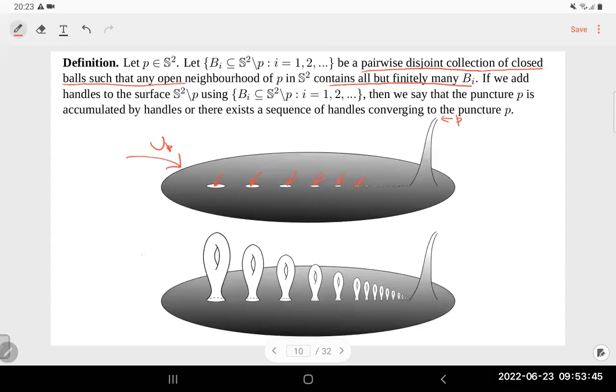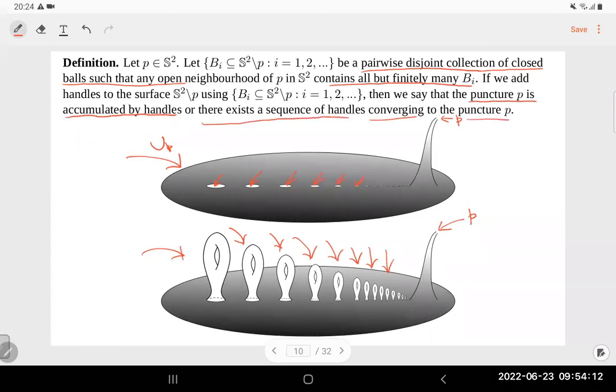Now I add a torus, one whole torus, along each boundary, and so on. If you add these, in the resultant surface you find that this puncture is a point not on the surface. So this process is called the puncture P is accumulated by handles.